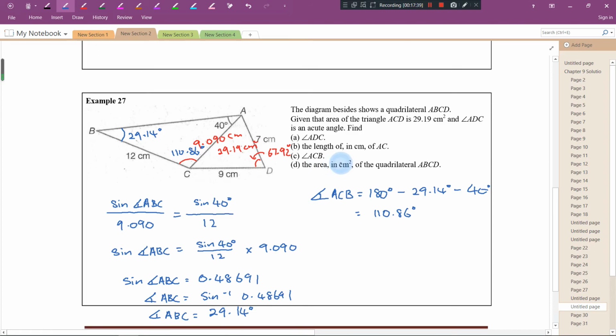Now let's try the last part. The area in square centimeters of the quadrilateral ABCD. We want to find the area of this whole thing. We know the area for this part is 29.19.